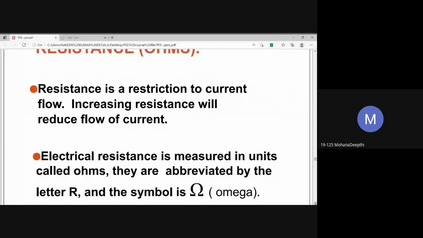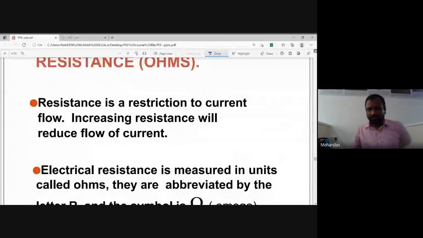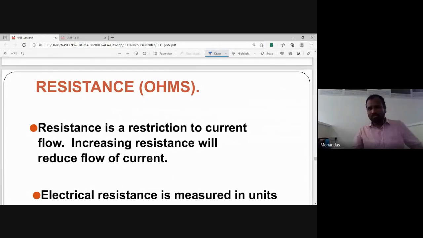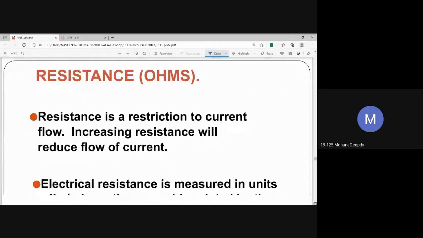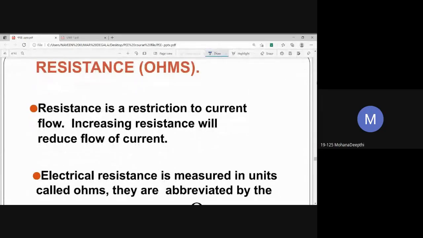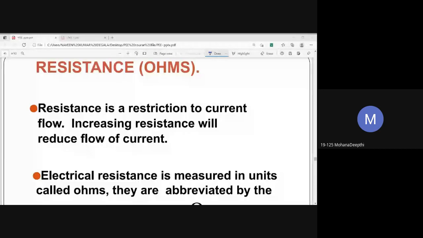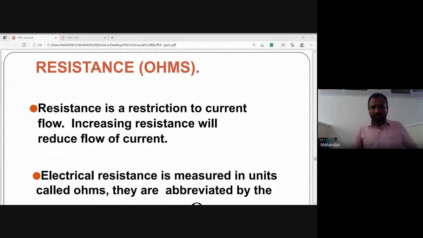Yes, sir. Node is a point of connection, sir. Very good. Point of connection of any branches. Branch means a single element, sir. It may be a voltage source or a resistor, sir. Very good. What is your name? Mohanadipti, sir. Dipti. Very nice. Very good. Keep following.